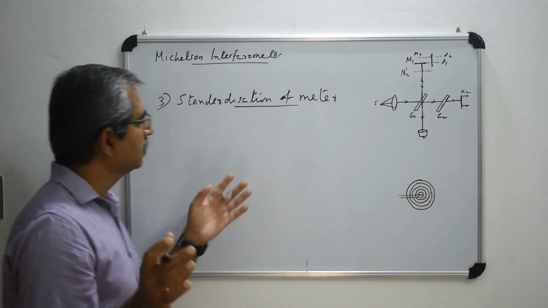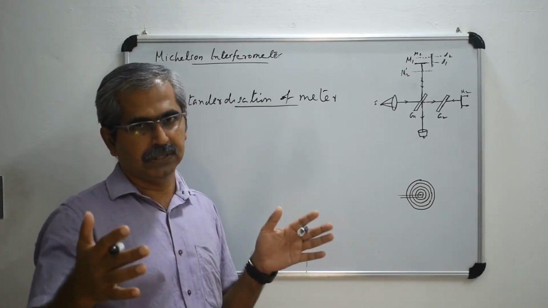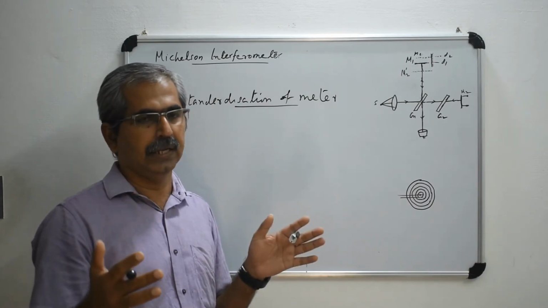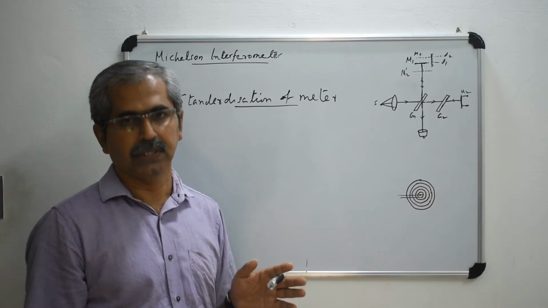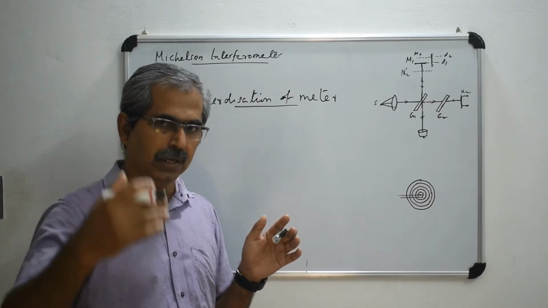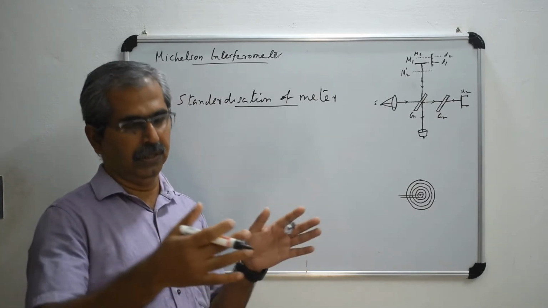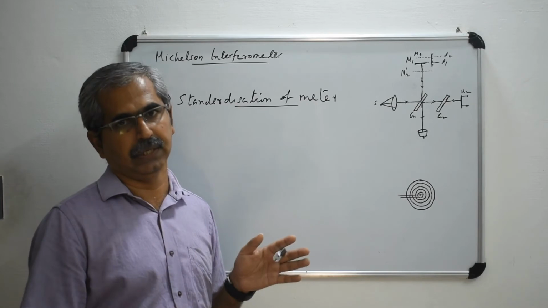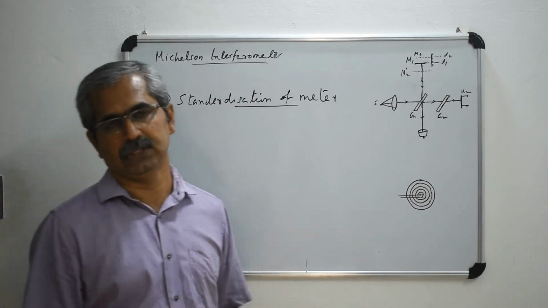We all use the meter scale, isn't it? And the standard of that meter scale is the scale that is kept at the International Bureau of Weights and Measures in Paris. Now we can have a more accurate definition or standard for defining the length of 1 meter if we define it in terms of the wavelength of light.